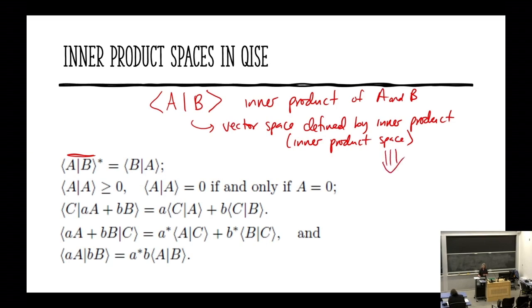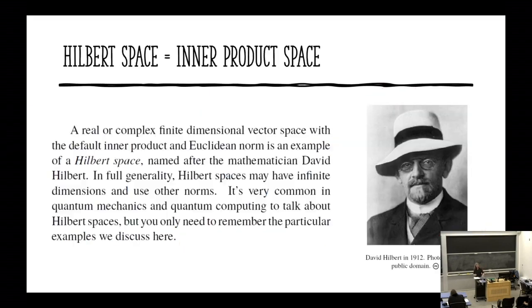So when we have a finite dimensional complex vector space, that's going to be called a Hilbert space. So don't get freaked out. It's pretty straightforward.